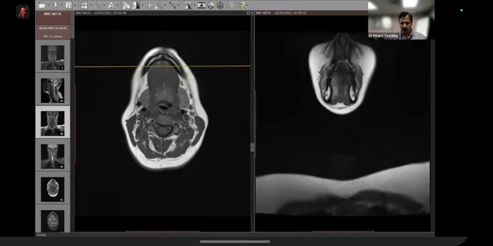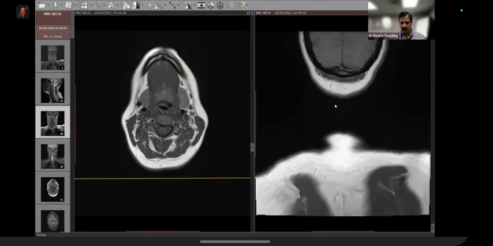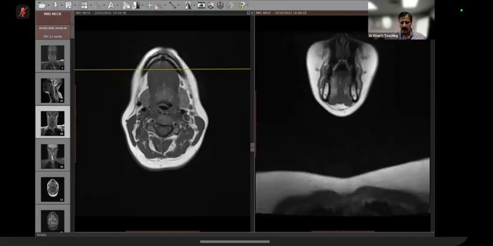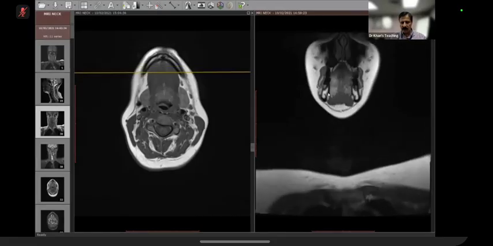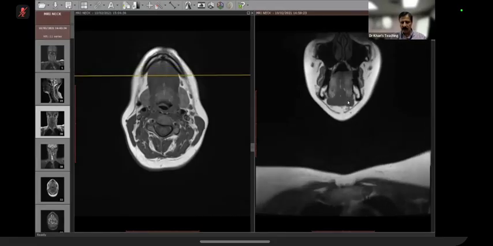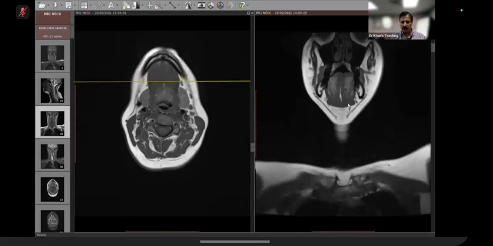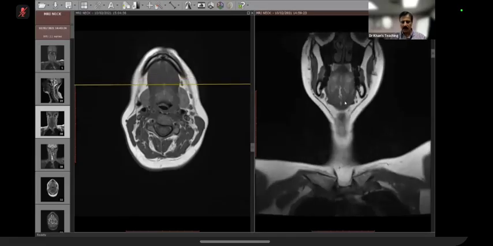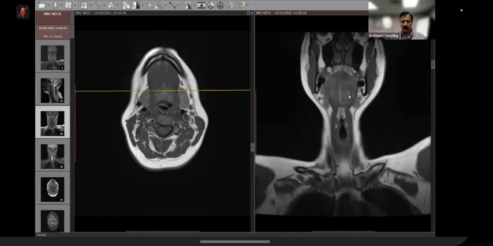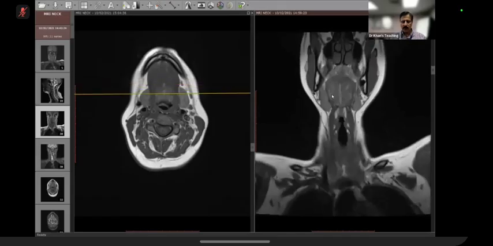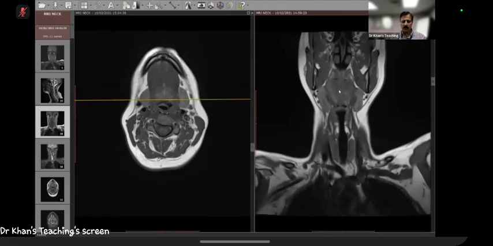Now, do you see from here to there's a muscle here? So this has to be the anterior belly, and this is the mylohyoid sling, and then everything becomes a bit difficult to see. So this is the septum, genioglossus, sorry, and here is the geniohyoid muscle. This is the intrinsic muscle.